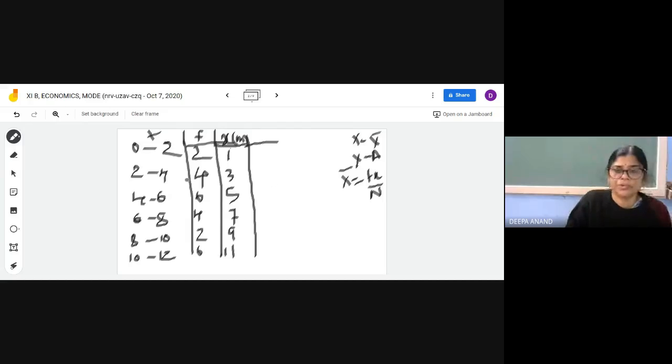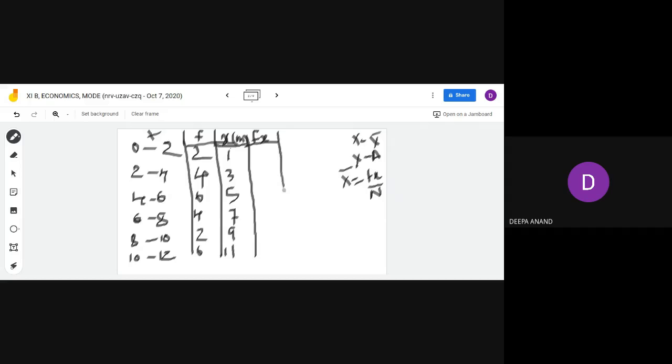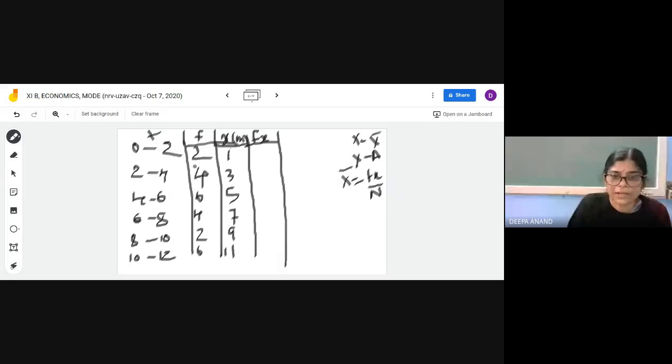Hum direct method se kar rahe hain. So the next step is f into x. Mean find out karne ke liye mid value into frequency, that is x into frequency.